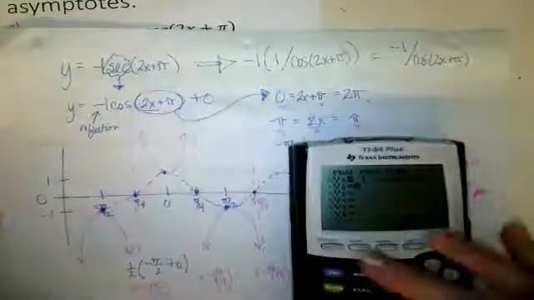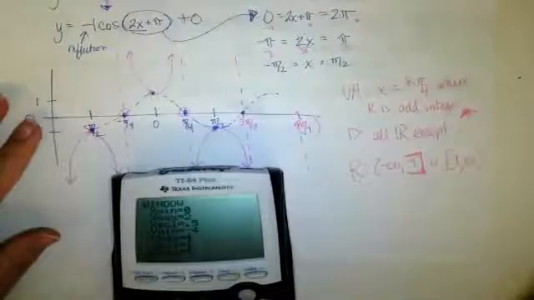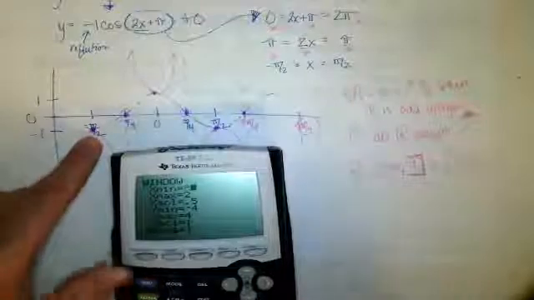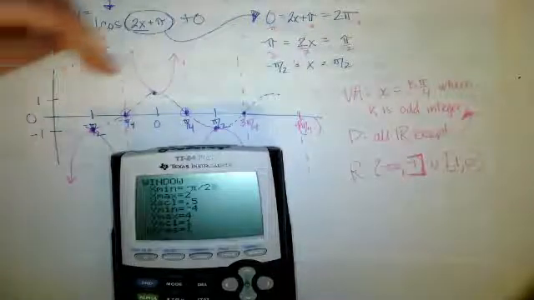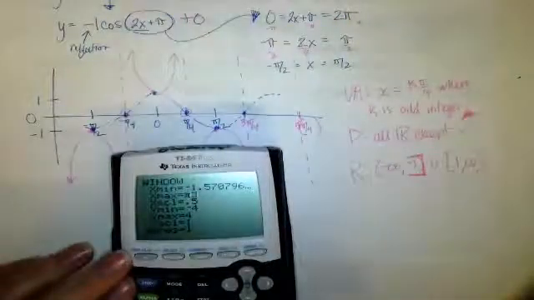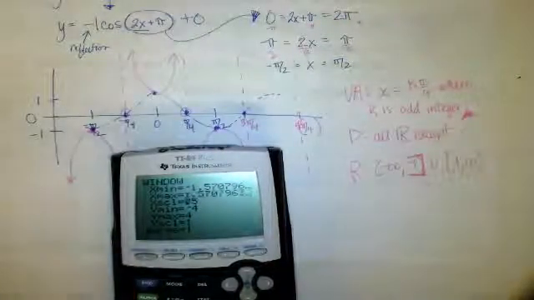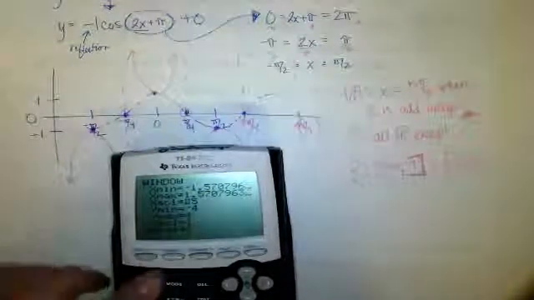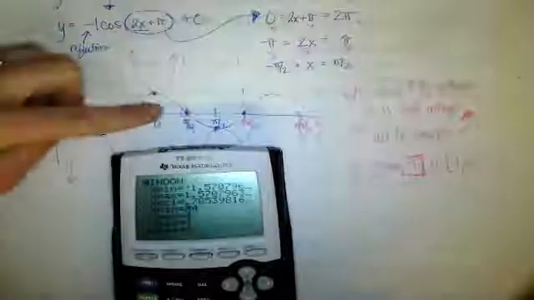And I want this window to match the window that I've drawn here, which is -pi/2 to pi/2. -pi/2 to pi/2 is a great window. The scale is pi/4.